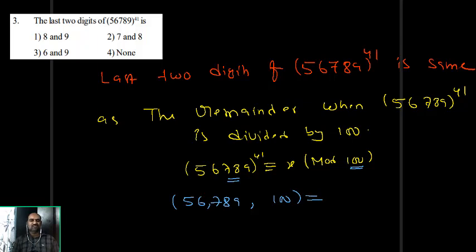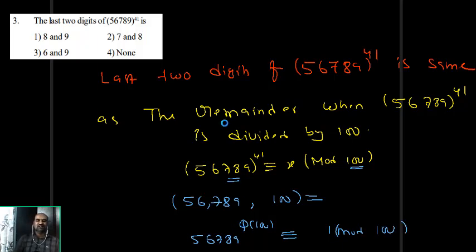Now I want to use Euler's theorem. What is that Euler's theorem? 5789 power phi of 100 is congruent to 1 modulo 100. Phi of 100 what? It is 40 only. So I can say 5789 power 40 is congruent to 1 modulo 100.